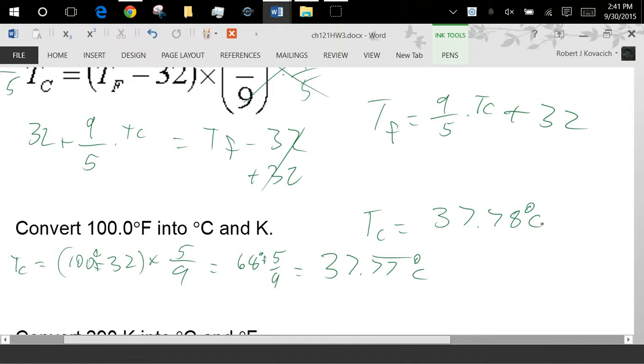All right, and then how do I get to Kelvin? I add 273. So I'll take this 37.78 and 273, and I get cool, this is really working well today.